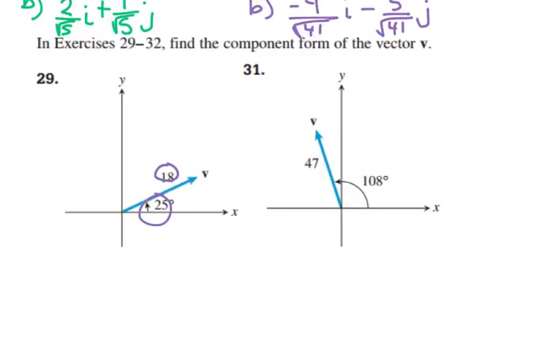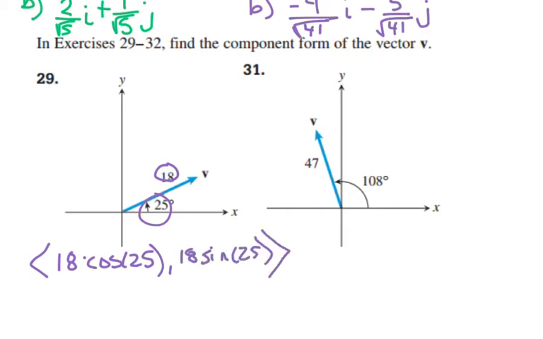So, going back to this one, we're going to do 18 times the cosine of 25, and then 18 times the sine of 25. And of course you could do this using just regular trig, but it's nice to be able to do it that way.